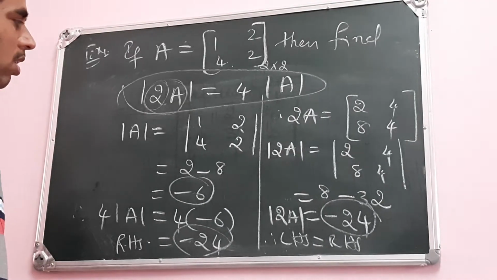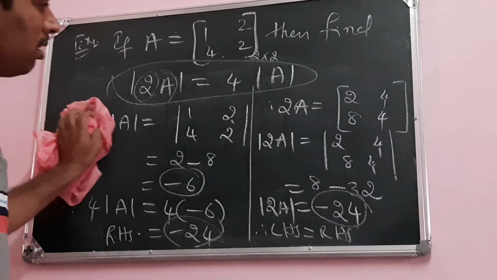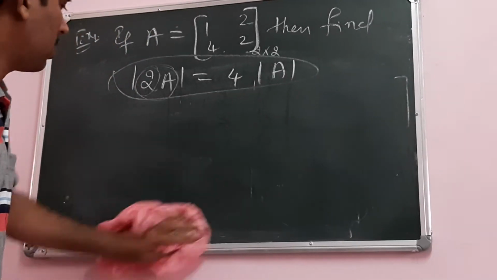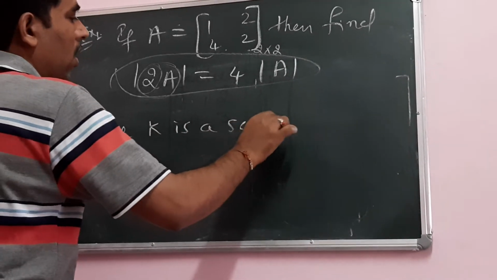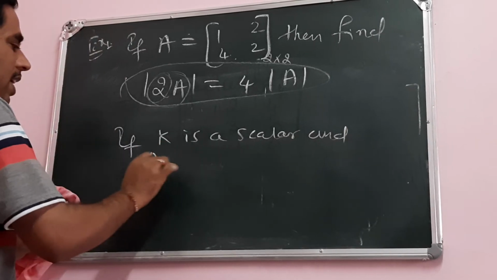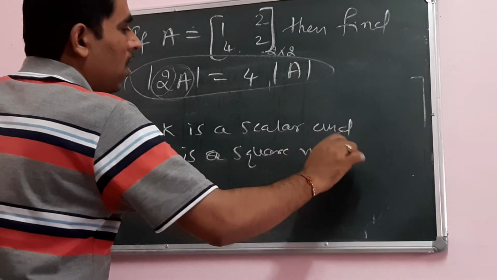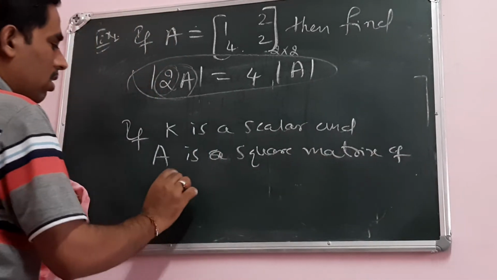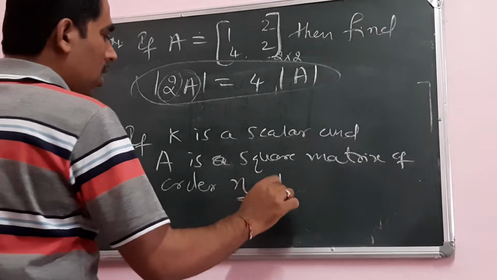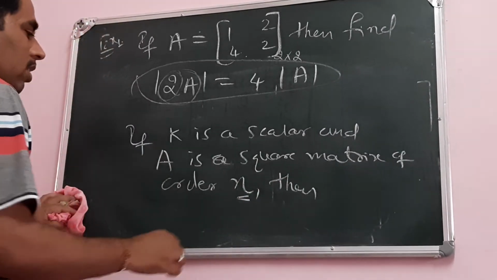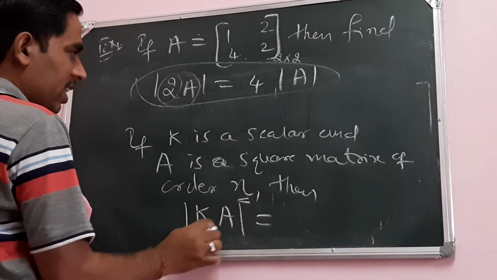From this example and the previous example, what will be the conclusion? If K is a scalar and A is a square matrix of order n, so rows and columns are equal, then the determinant of K into A, where K is a scalar.